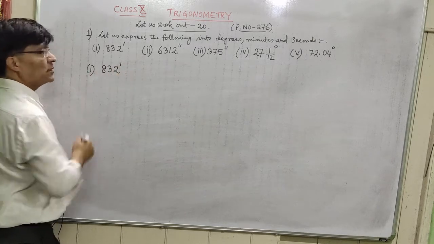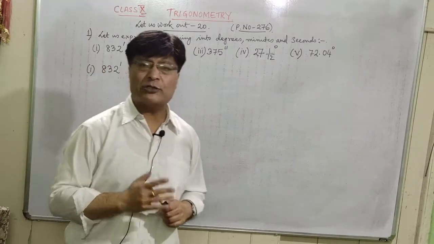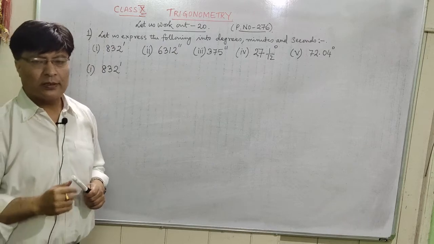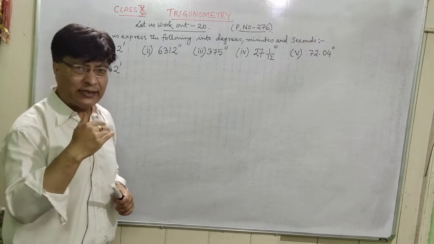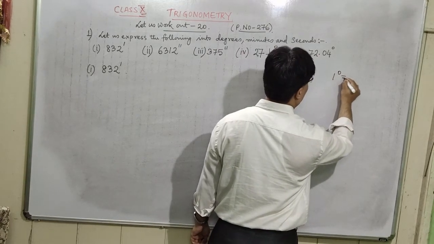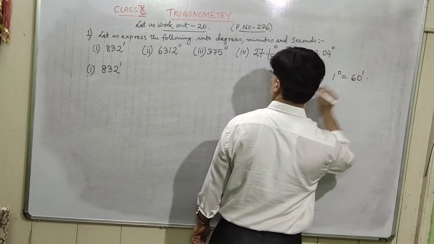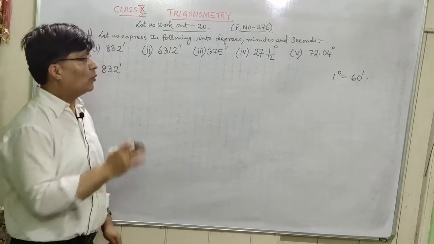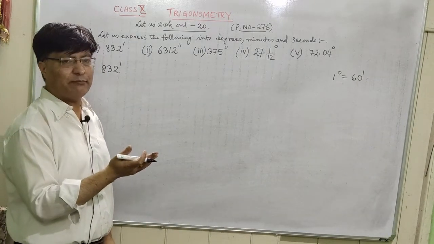832 minutes. First we convert it to degrees. You know that 1 degree is equal to 60 minutes. Okay? 1 degree is equal to 60 minutes.